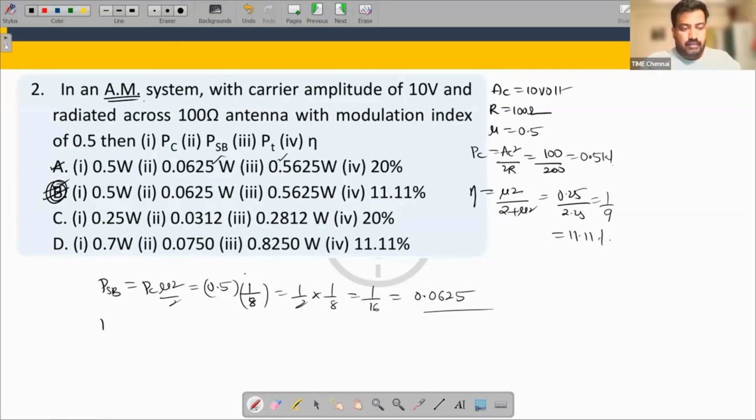That's the sideband power. Total power is 0.5 plus 0.0625. It's 0.5625. Therefore, option B is the answer.